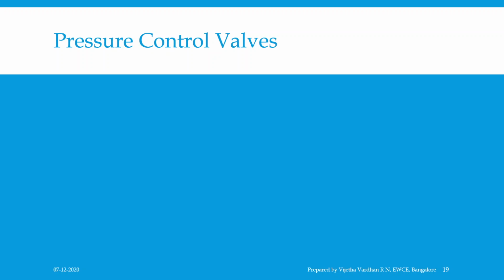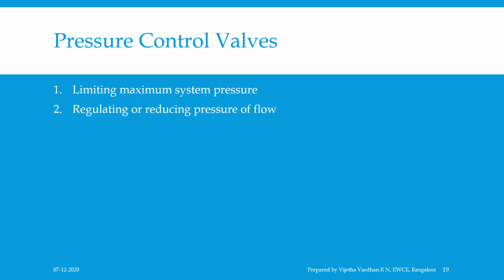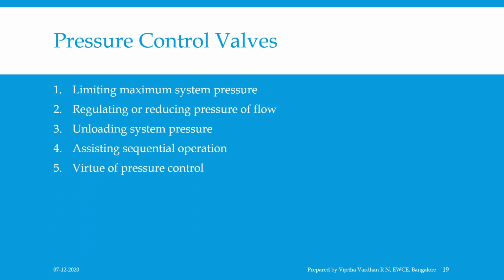The main functions of pressure control valves are limiting maximum system pressure as a safety measure, regulating or reducing the pressure of the flow medium in a particular portion of the hydraulic system, unloading a system pressure, and assisting sequential operation of actuators in a circuit by controlling the pressure of the flow medium, and any other pressure related functions by virtue of pressure control, also reducing or stepping down pressure levels from the main circuit to a lower pressure in a sub-circuit.